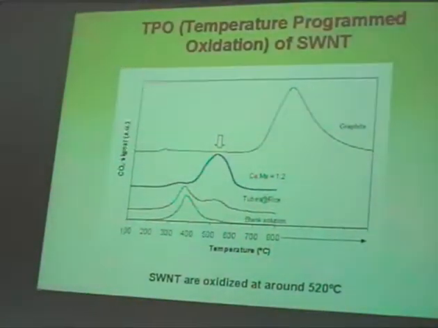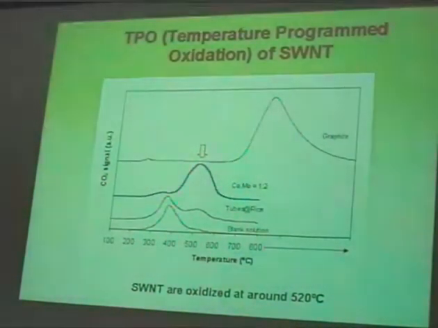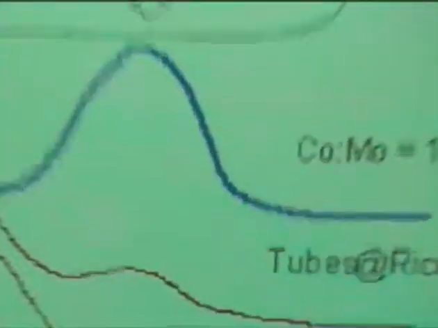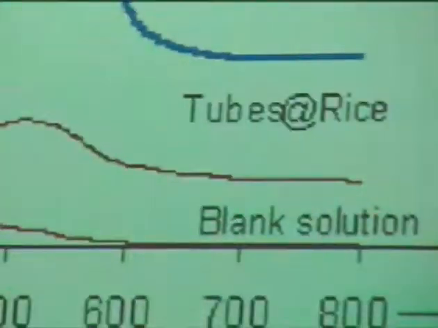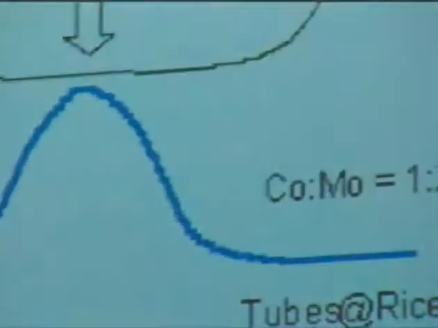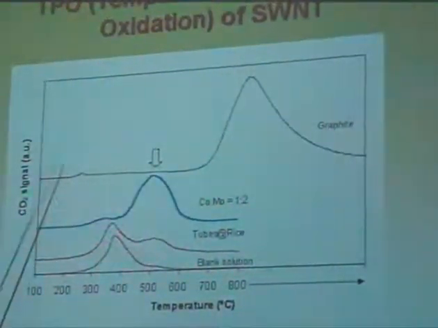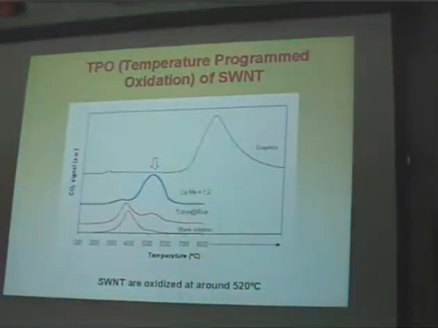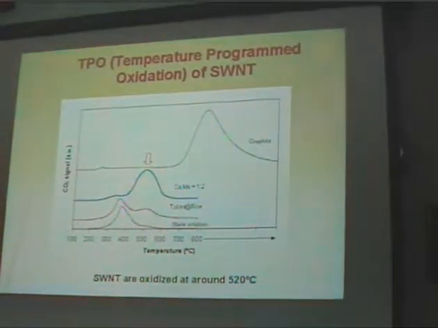Another method that we use from the very beginning is temperature programmed oxidation of single wall nanotubes. When you have the single wall nanotubes on the catalyst and you pass 4% oxygen in helium, the oxidation of the carbon begins, and depending on the different types of carbon, the combustion takes place at different temperatures.